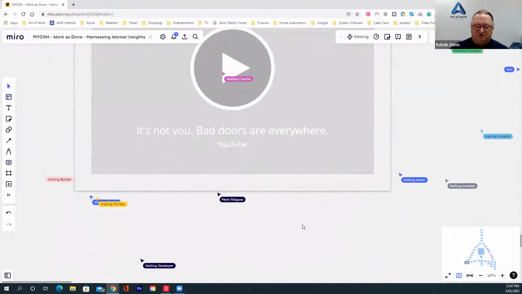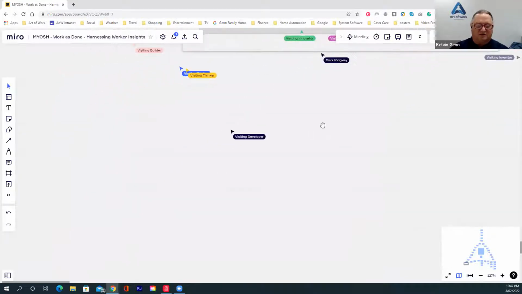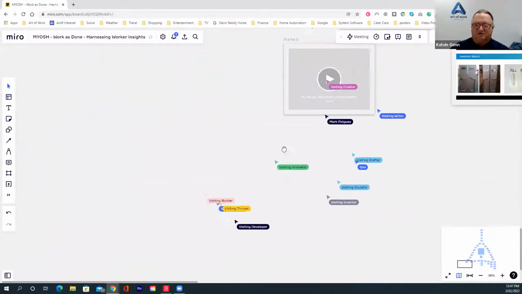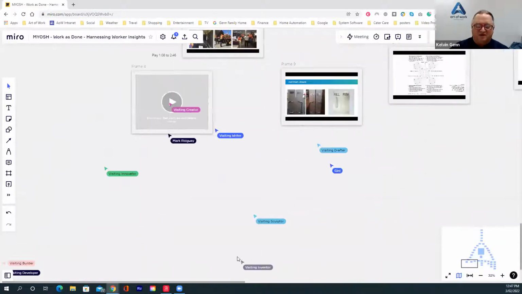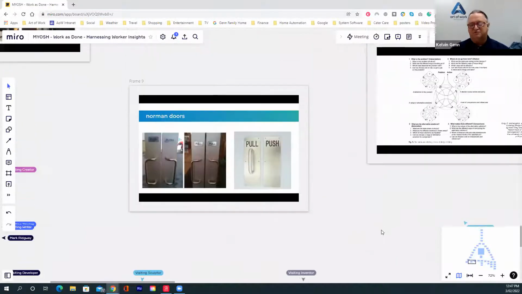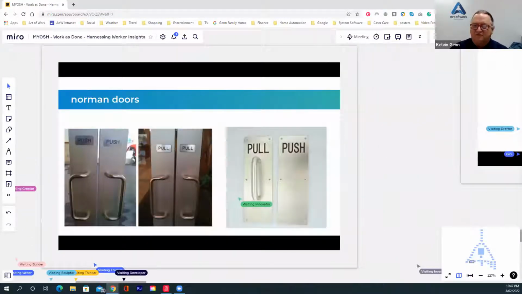I'm going to show you now. Actually, yeah, this is what I want to show you. So this is the classic Norman door principle, and I'll just make sure that you're all with me.